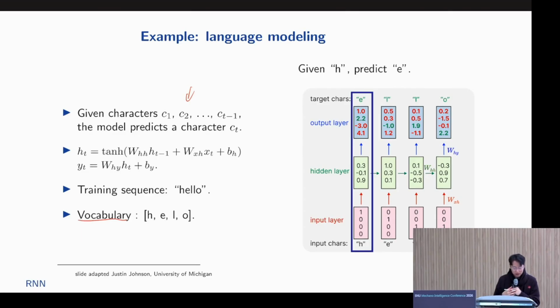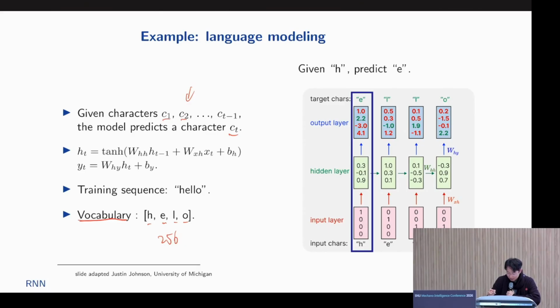Here we have a very simplified example where we only have 4 characters, H, E, L, O. But if we want to do character level, then we'll probably have 256 characters in the vocabulary. This is typically called a dictionary as well. And given each character input, it's supposed to output the next character that follows the preceding character.